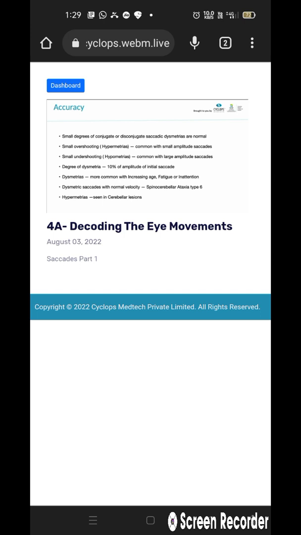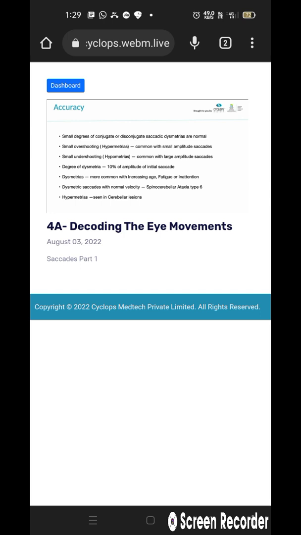Small degrees of conjugate and disconjugate saccadic dysmetrias are normal. Small overshoot, what we call hypermetria of saccades, is common with small amplitude saccades. That means if the eye has to move for a small amplitude, the signal might be a little bit higher, so it crosses the target and moves out.